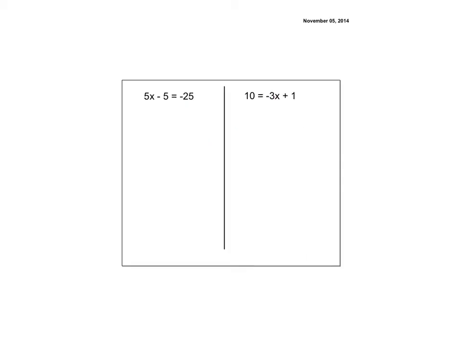All right, now we're moving into some two-step equations, so a little more to do to get that x by itself in this case. So the first thing we're going to do here is we're going to add 5 on both sides. Now those will cancel, leaving us with 5x equals, so negative 25 plus 5 will give us negative 20.